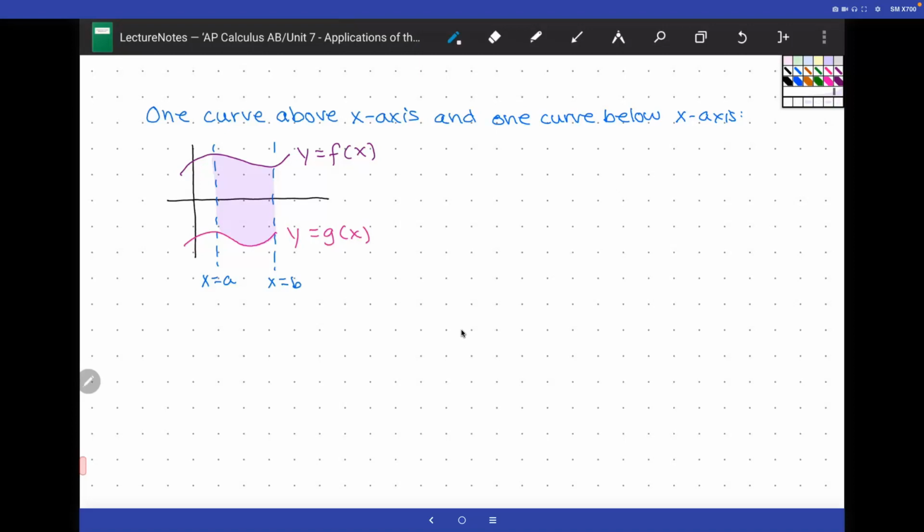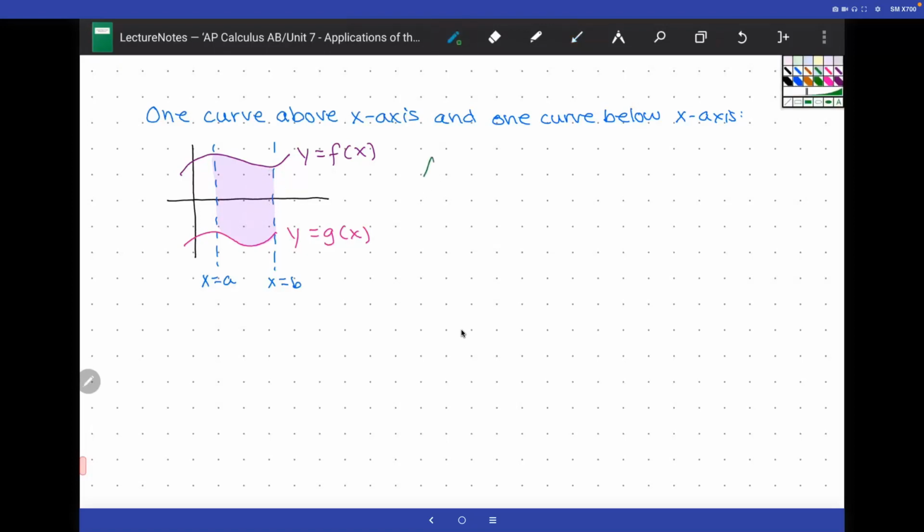So now it gets a little weirder because we're below the x-axis for part of it. So this time, rather than subtracting, we're going to add. We're going to take the area between f and the x-axis and add the area between g and the x-axis. And that'll put both of these together. So let's write that out.